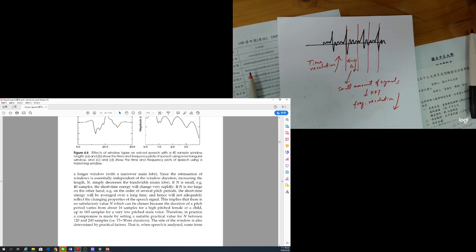However, because you are based on a small volume of signal, building a precise model is not easy because the data volume is too small. If n is larger, on the other hand, the window covers several pitch periods. However, with n larger, your pitch could change and your energy could change.